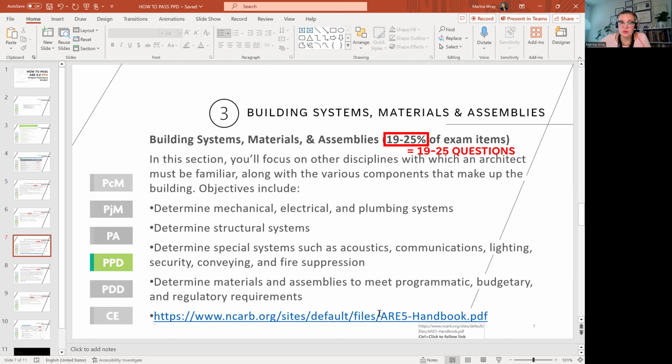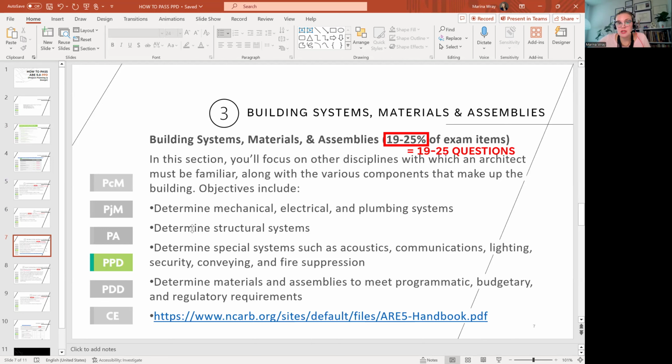There are structural formulas, there are beams, there are mechanical formulas, acoustical, lighting. So there is a whole bunch of different formulas that you will need to utilize for this exam. And you may or may not have a lot of questions pertaining to this, but just so that you are not worried, you will have access to those formulas.